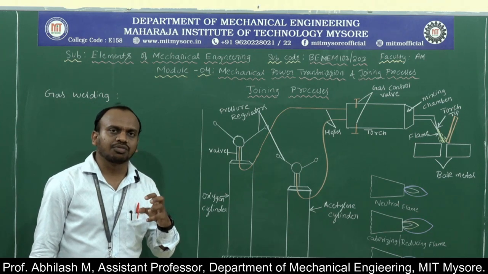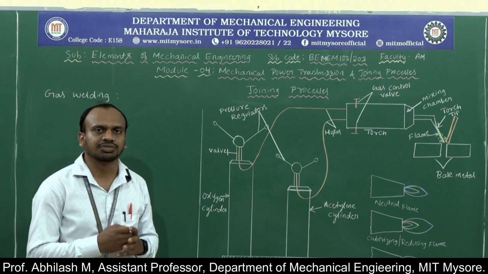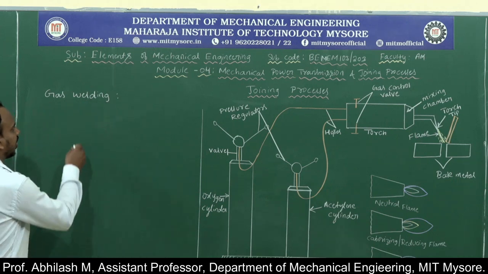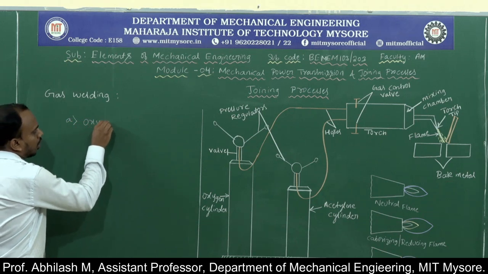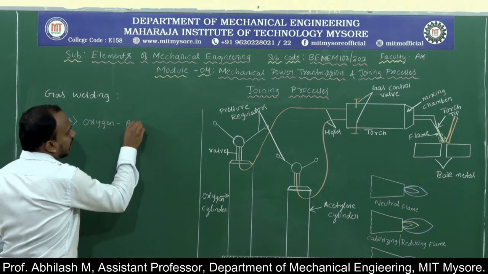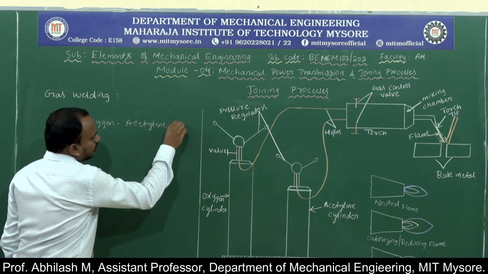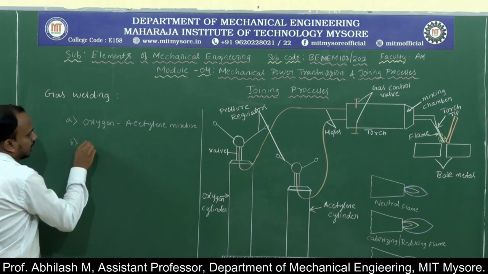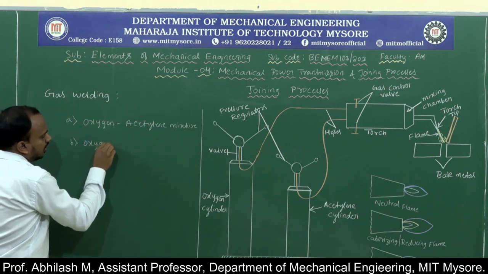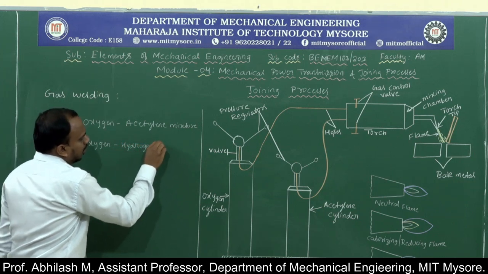The different types of gas mixtures that can be used to produce the gas flame are, the first one, oxygen acetylene mixture, or the other combination, oxygen hydrogen mixture.